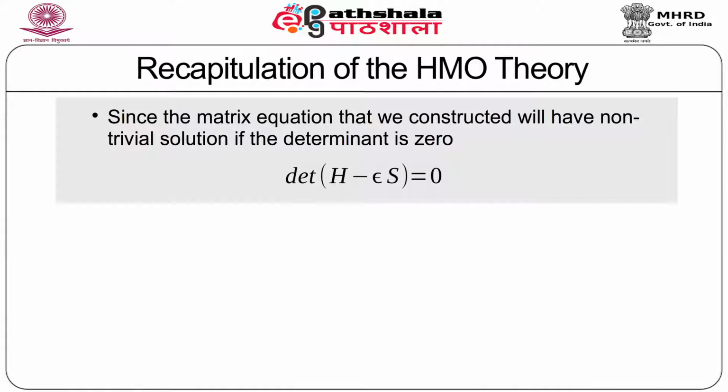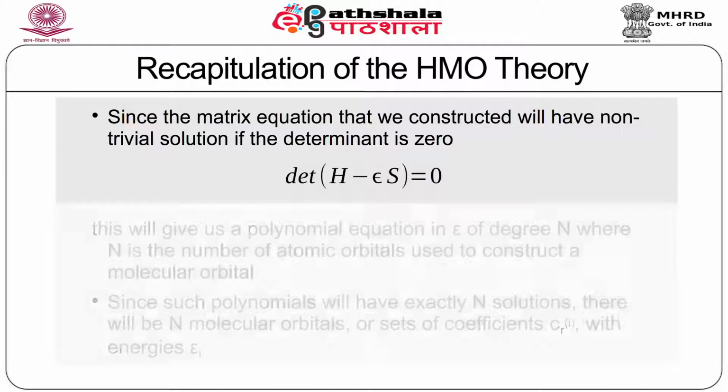Since the matrix equation that we constructed will have a non-trivial solution if the determinant is 0, that means we have the determinant of H minus E S equals 0.